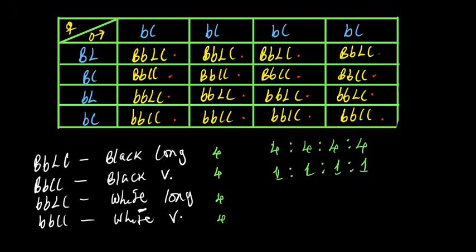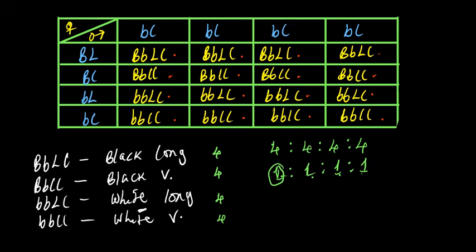Since we have the ratios, we can now calculate the expected values. So how do you calculate the expected values? Let's say those which are expected to be black with long wings, it's 1 out of the total 1, 2, 3, 4.